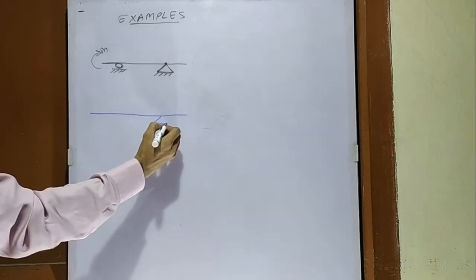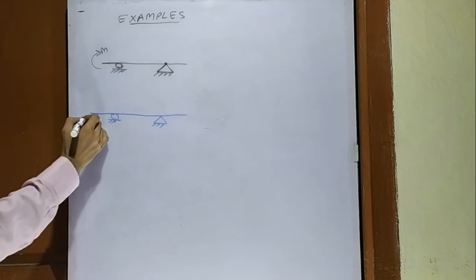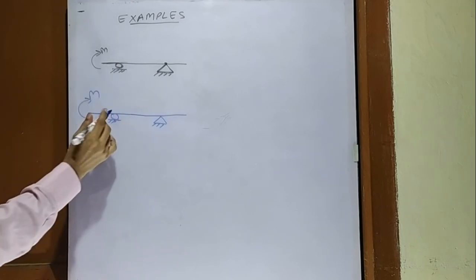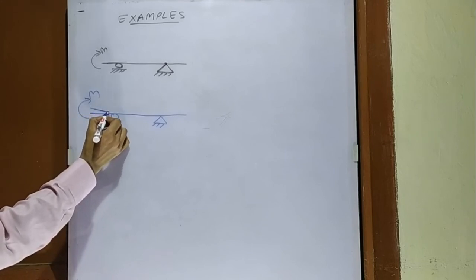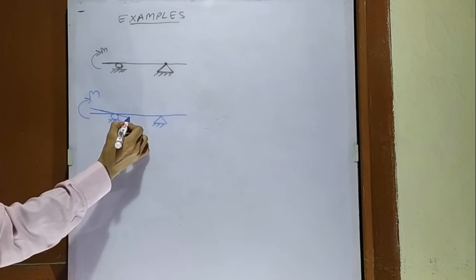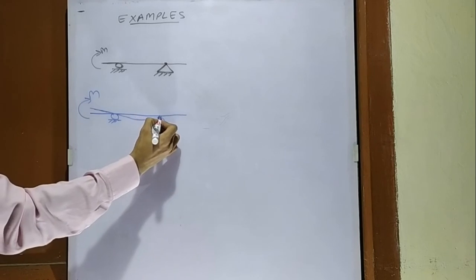This is our pin support and this is our roller support. Now if we apply a moment here, what will happen? This moment will bend the beam at this support and it will behave like this.